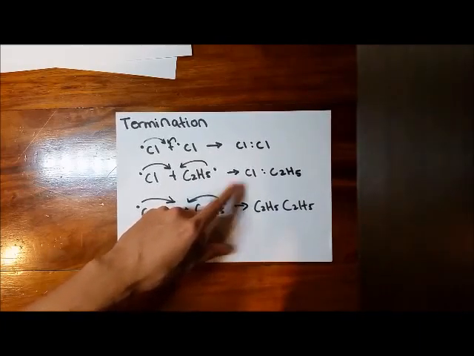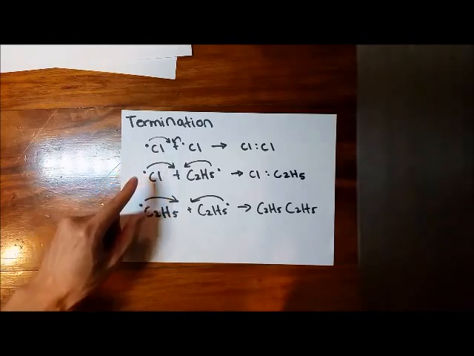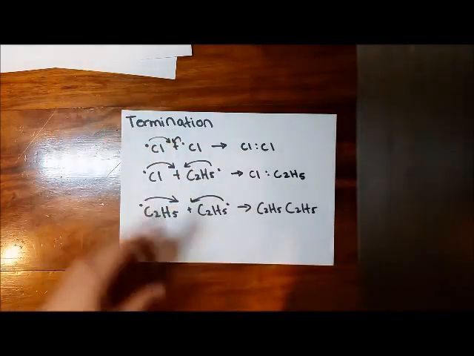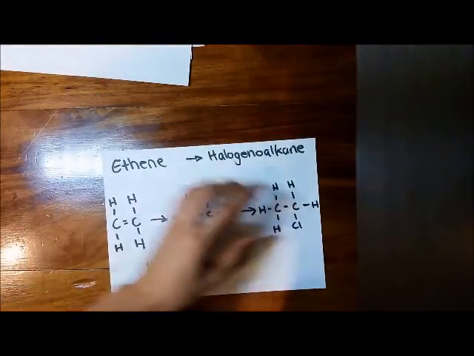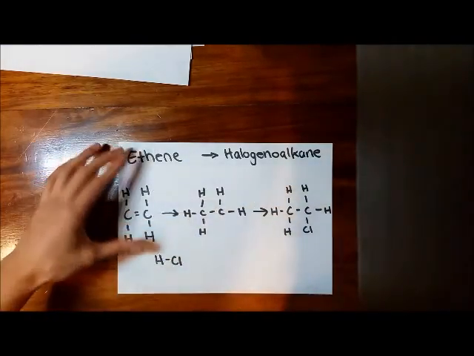And this is an important part of the reaction, as it is the termination reaction when the free radicals are reduced. And that is the final step of forming our halogenoalkane from our alkane.